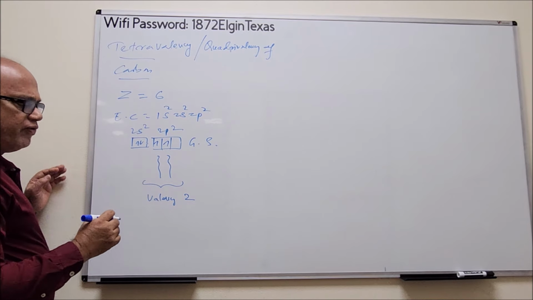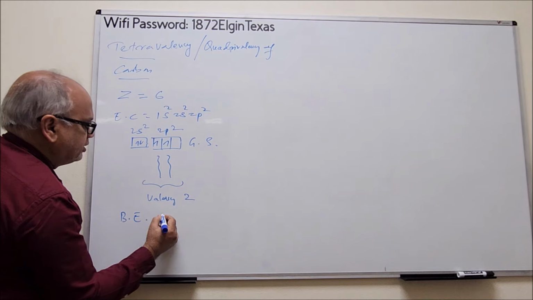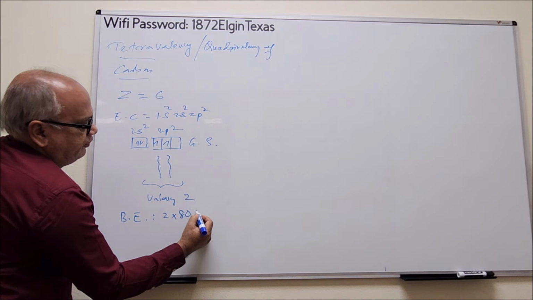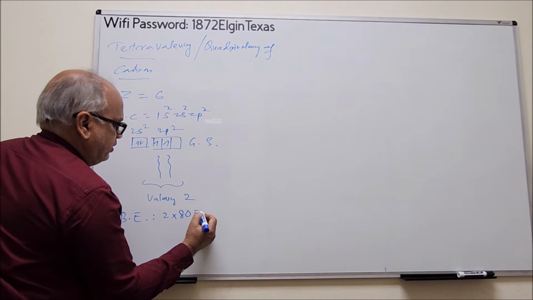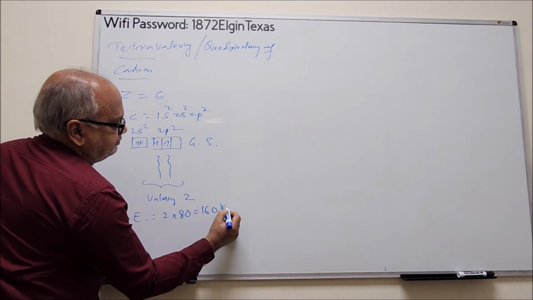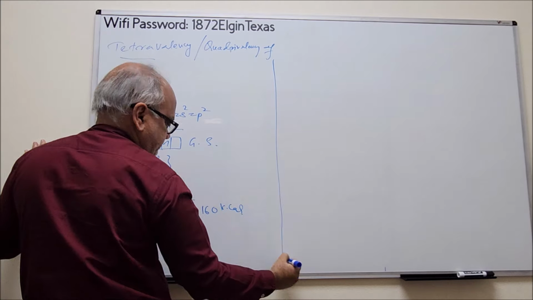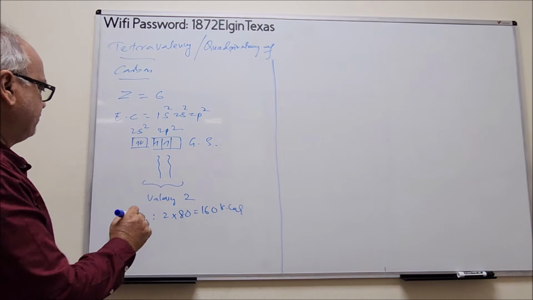If it forms 2 bonds, the bond energy, if you take 80 kilocalories per bond, you will get 160 kilocalories. If it forms 2 bonds, it is ground state.